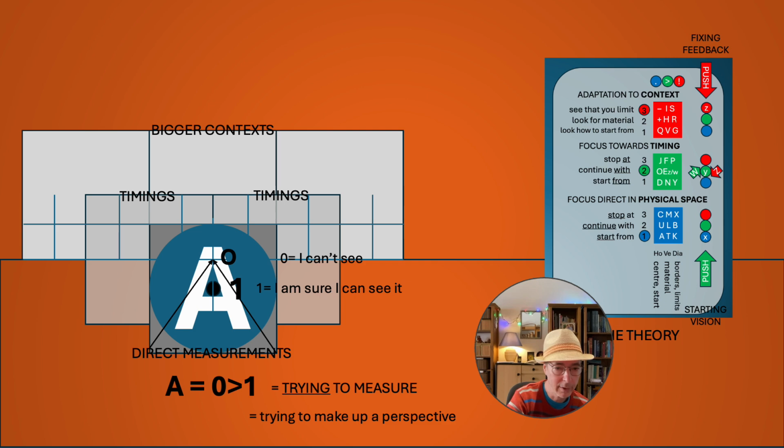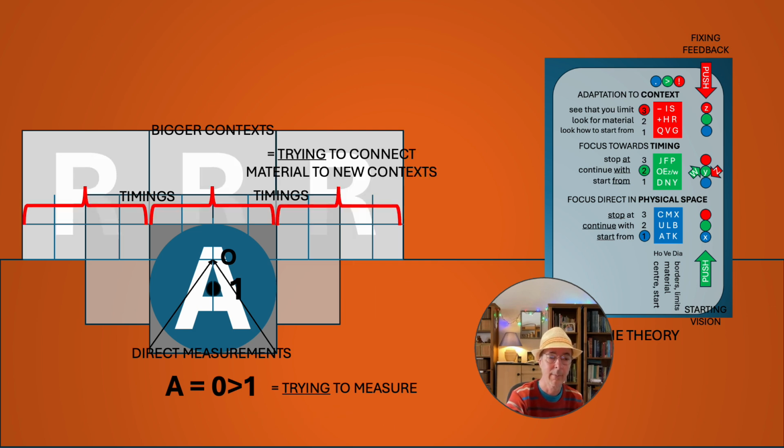Here it is going towards it and actually saying, yeah, I know I can see it, and there are parts that I can't see. It is still trying to measure, trying to make up a perspective. That's why the A is about perspective, trying to make your perspective. That's our starting point. We will connect it to R later.